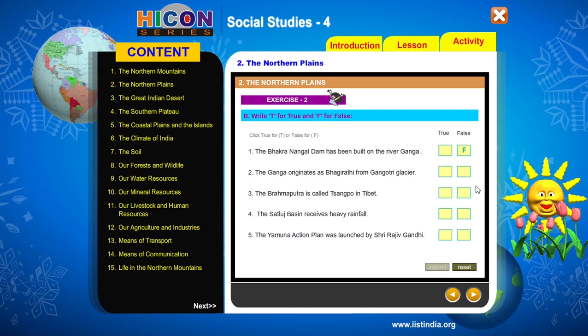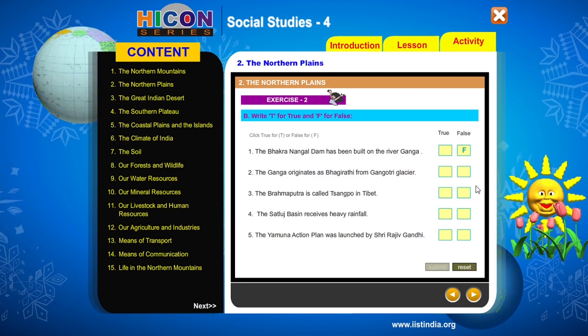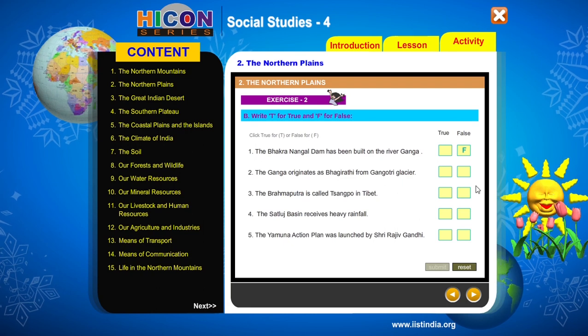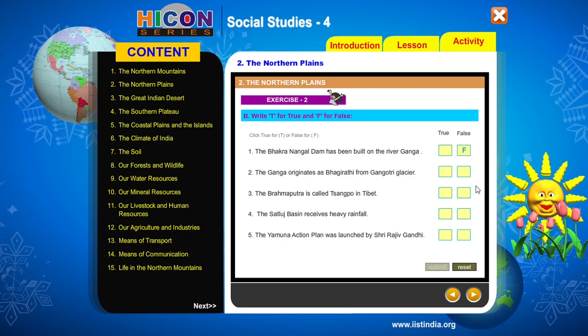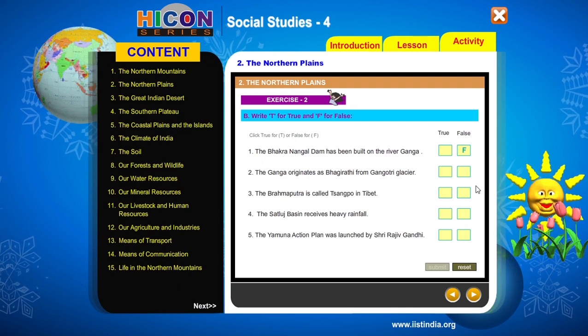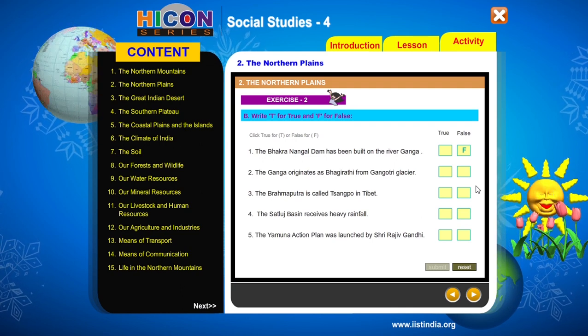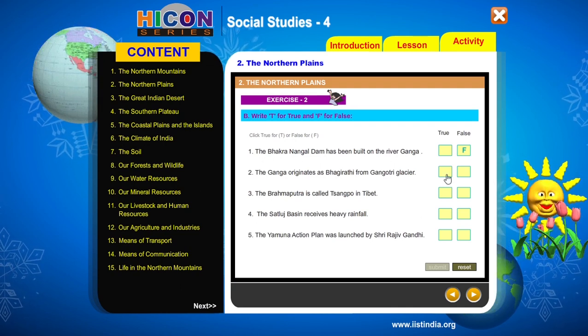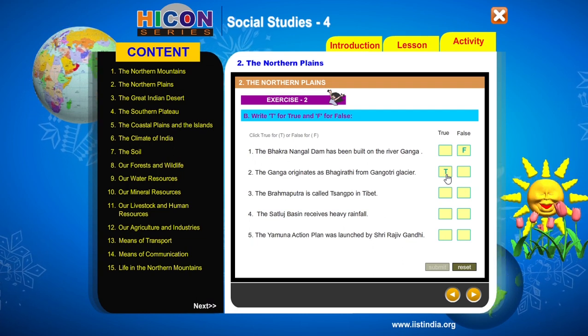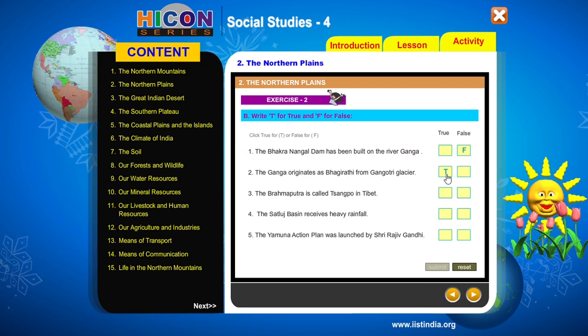Second sentence. The Ganga originates as a Bhagirathi from a Gangotri glacier. True. Ganga originates from the Gangotri glacier, and when it originates, it's not called the Ganga, but it is known as the Bhagirathi. Right? Third one, the Brahmaputra is called Zangpo in Tibet.